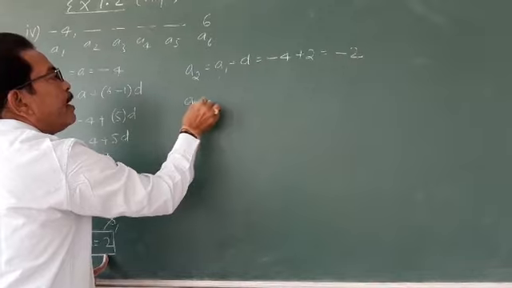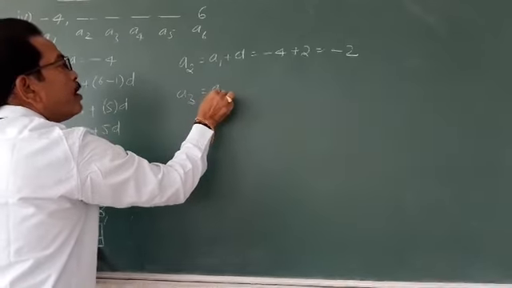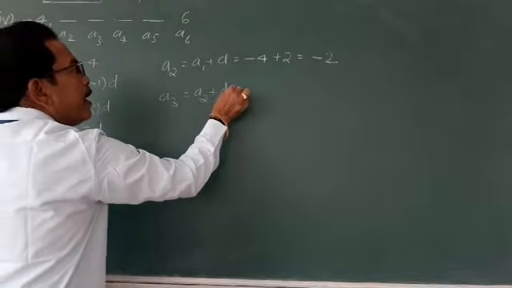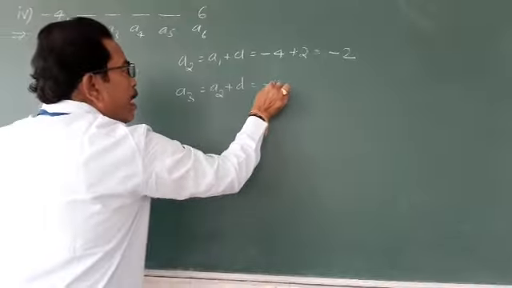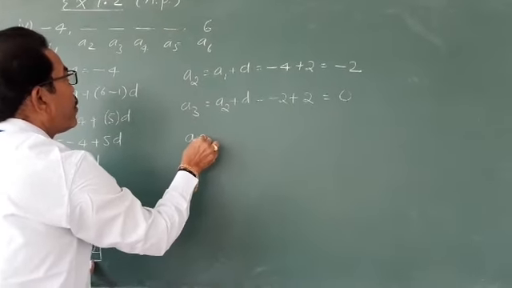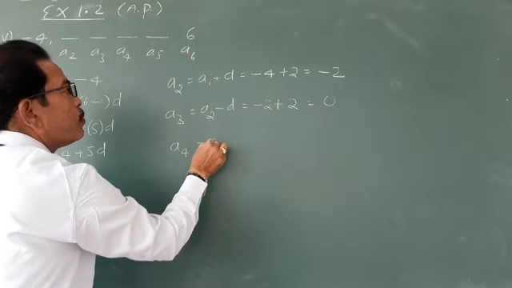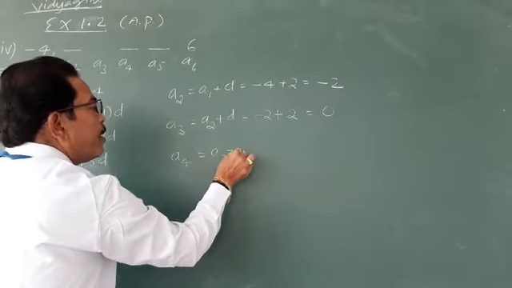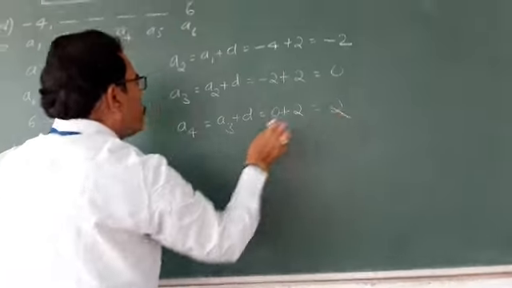Then A3 equals A2 plus D. -2 plus 2 equals 0. Then A4 equals A3 plus D. That is A3, 0 plus 2, which equals 2.